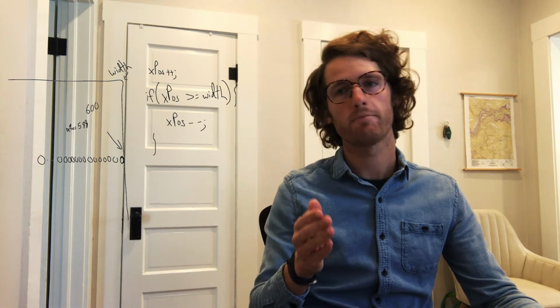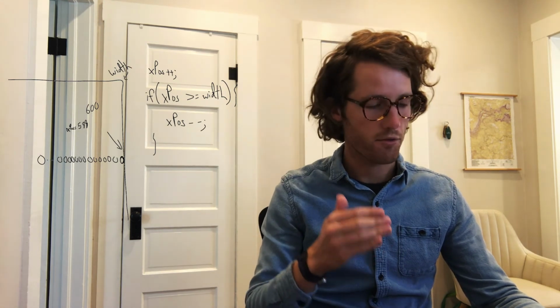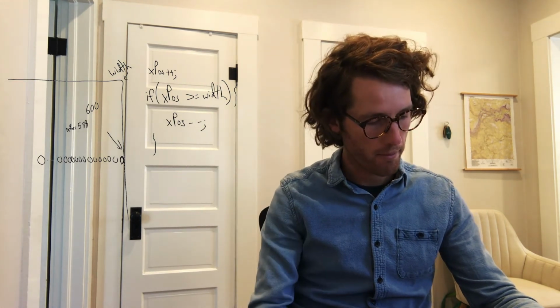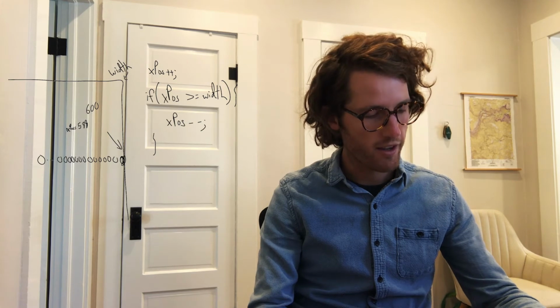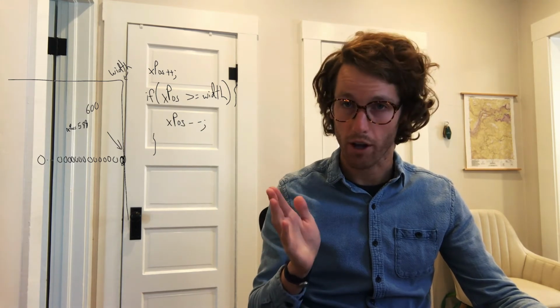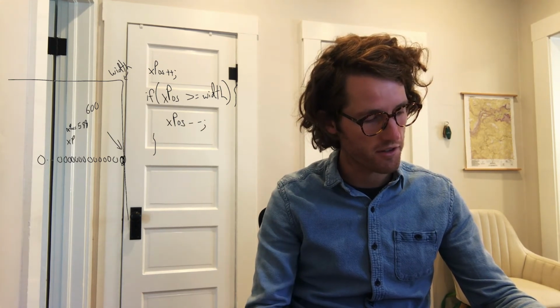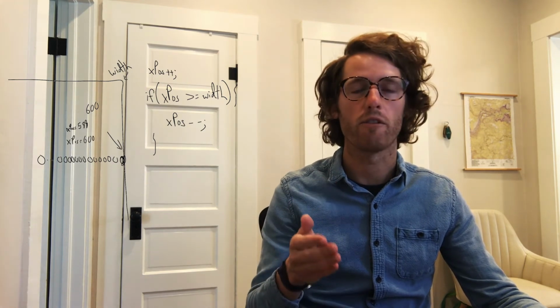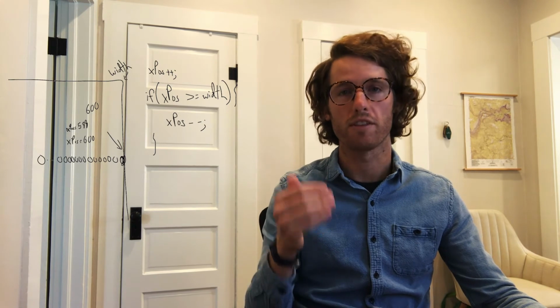We're still telling it in our code, we're not at width or greater, so still move 1 pixel to the right. Boom, it moves over. Now it's at 600, which means the condition of x position being equal to or greater than width is now true.